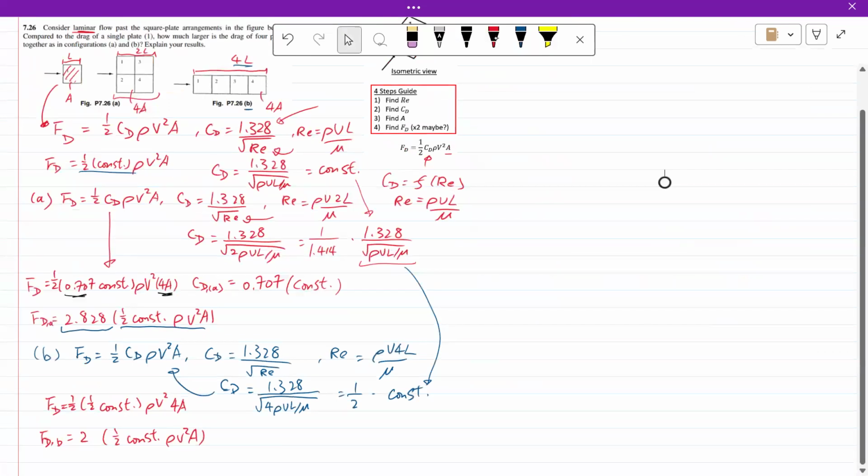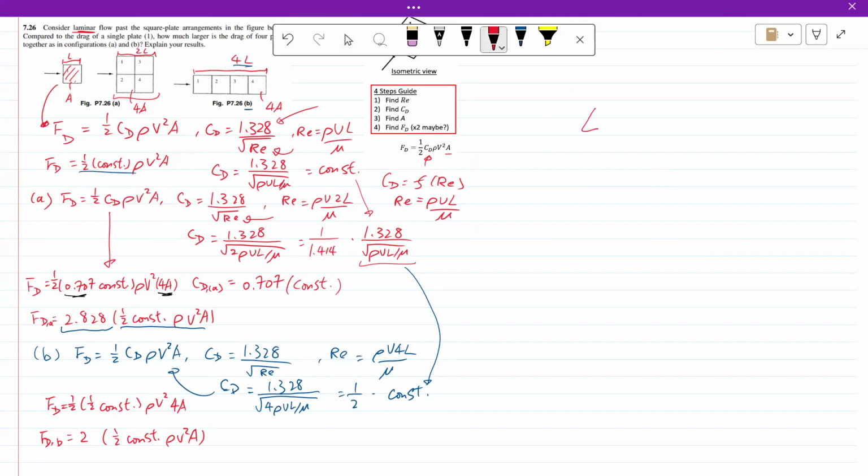So we found a drag for 1 square plate, and then we basically redo it for a configuration A of having a square of 4, and configuration B having it as a rectangle. Every time we change the geometry, we have to recalculate the drag coefficient because our length has changed, right?